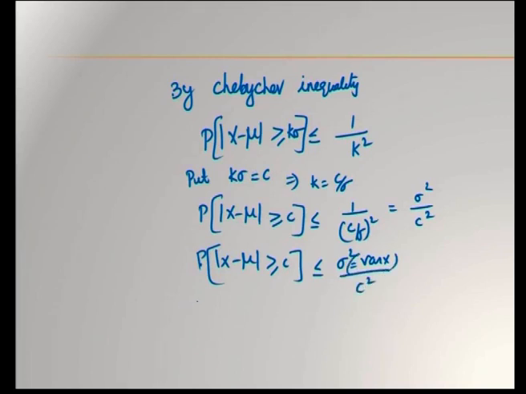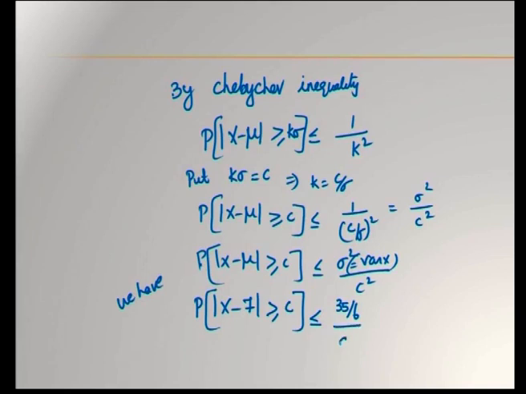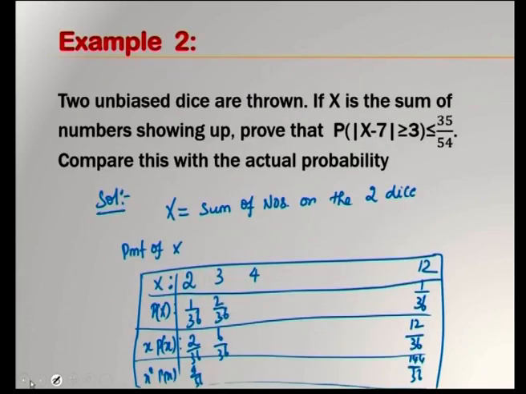Okay. So, we will use this derived format of Chebychev inequality. We have P of modulus of x minus mean 7 greater than or equal to c is less than or equal to variance 35 by 6. We use the variance directly instead of standard deviation, divided by c square. Okay. What is the question? See the question. P of modulus of x minus 7 is greater than or equal to 3. So, c is now taking the value of 3.